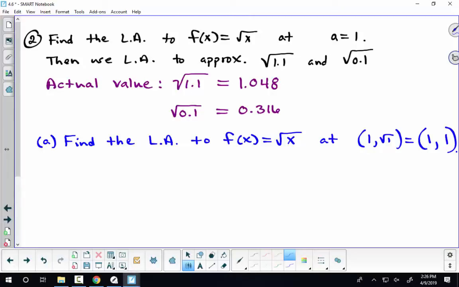You've got to think that for the square root of 1, you've already approximated it, so you should put that here.